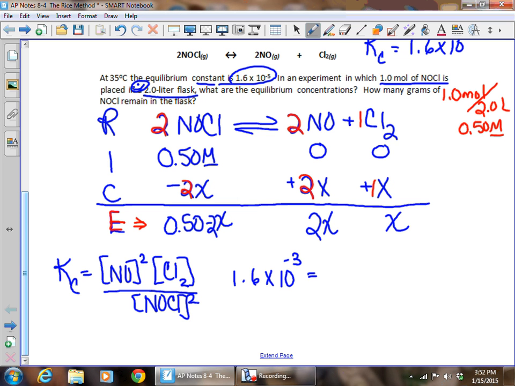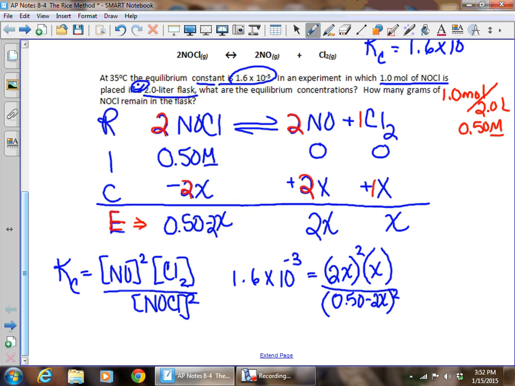So when we plug in values, NO was 2x, and that's going to be squared. And chlorine is x, and NaCl is 0.50 minus 2x, and that's going to be squared.